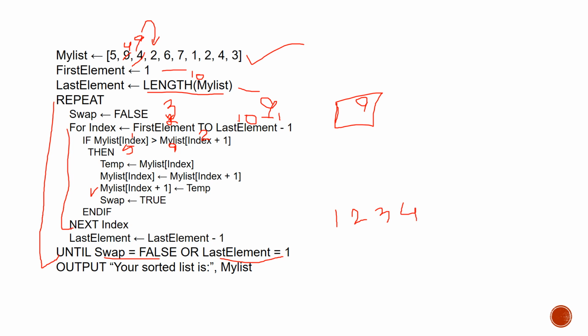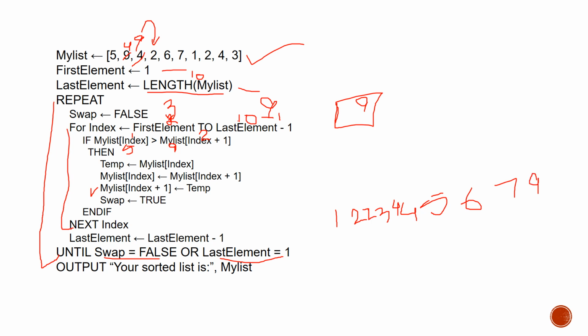4, 5, 6, 7. Do I have an 8 over here? 1, 2, 3, 4. Yes, I have 2 twice. 1, 2, 2, 3, 4. 4 is also twice, and then 9.